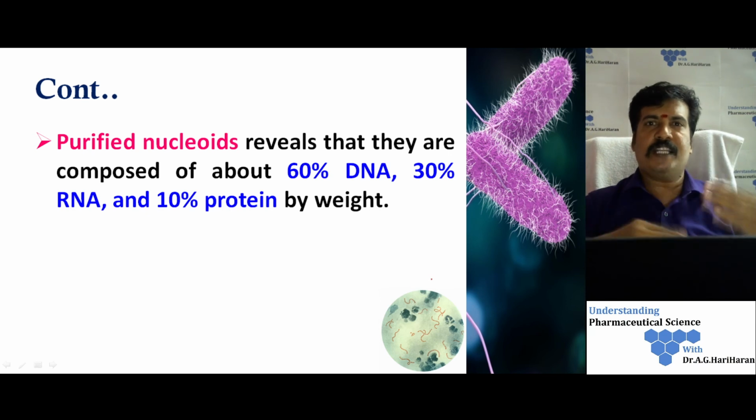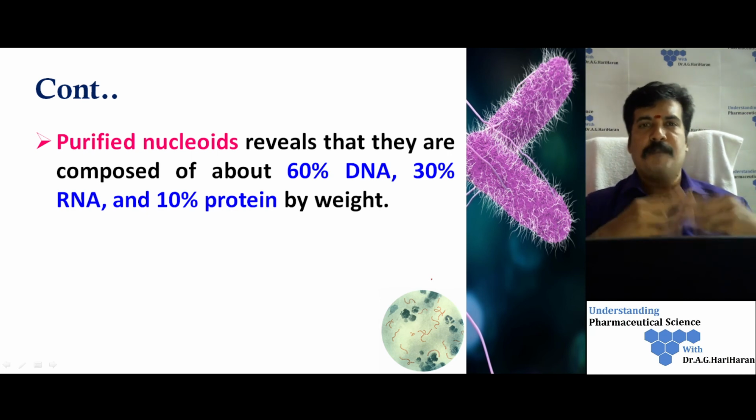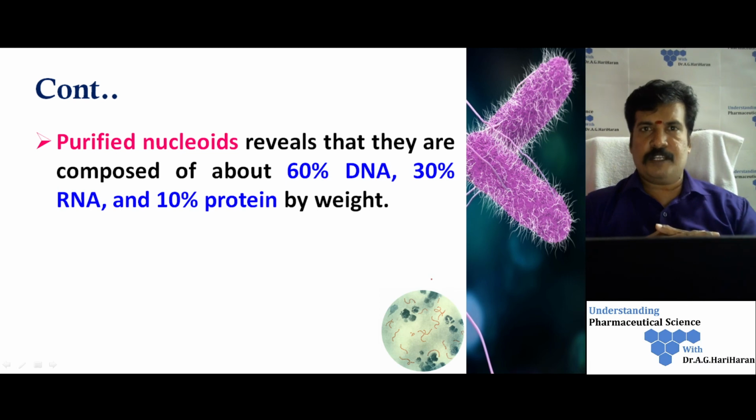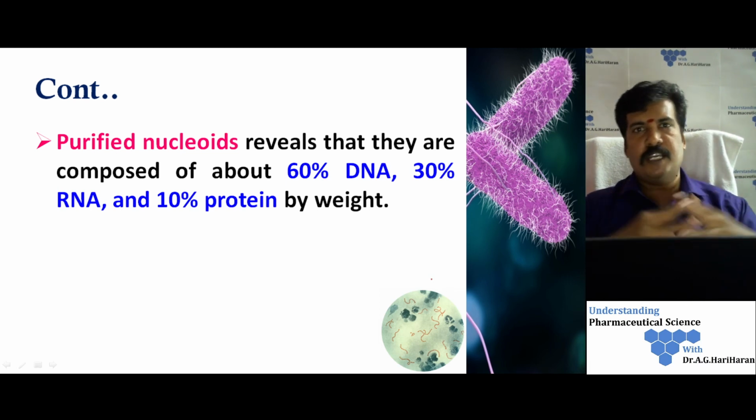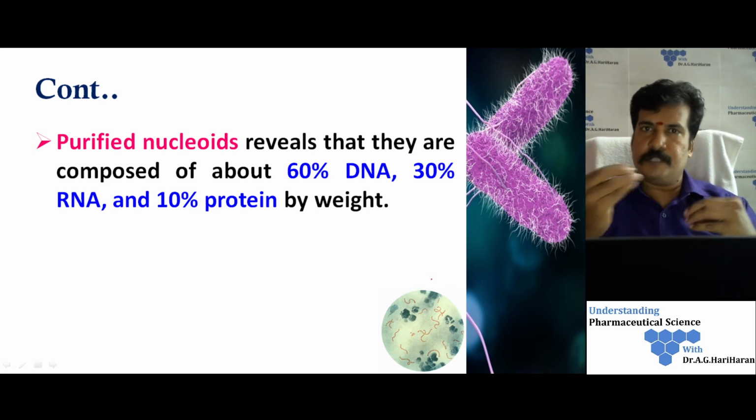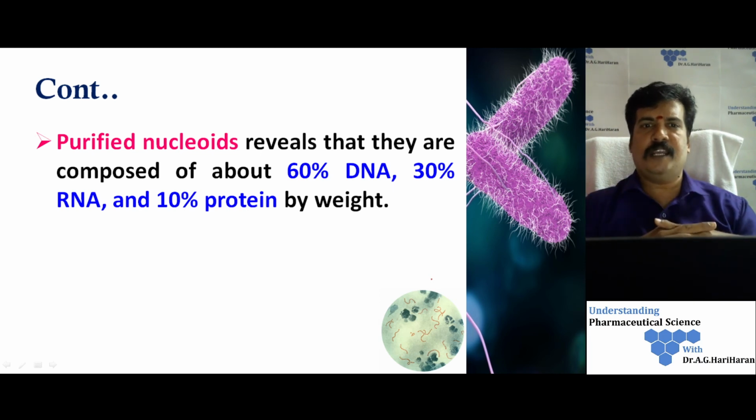That's why the various genetic processes, replication, transcription, that is the formation of RNA from DNA, and translation, the synthesis of protein from the RNA, all happen simultaneously, and moreover it is present in the cytoplasm itself.